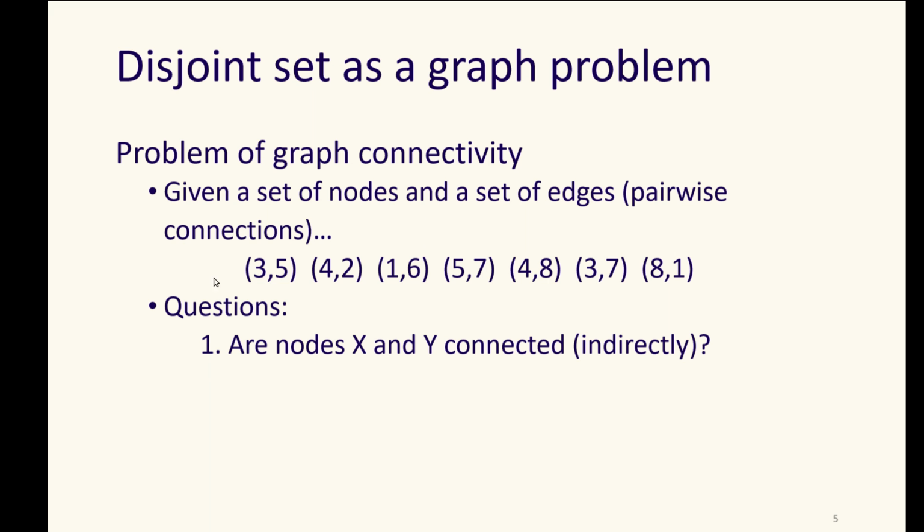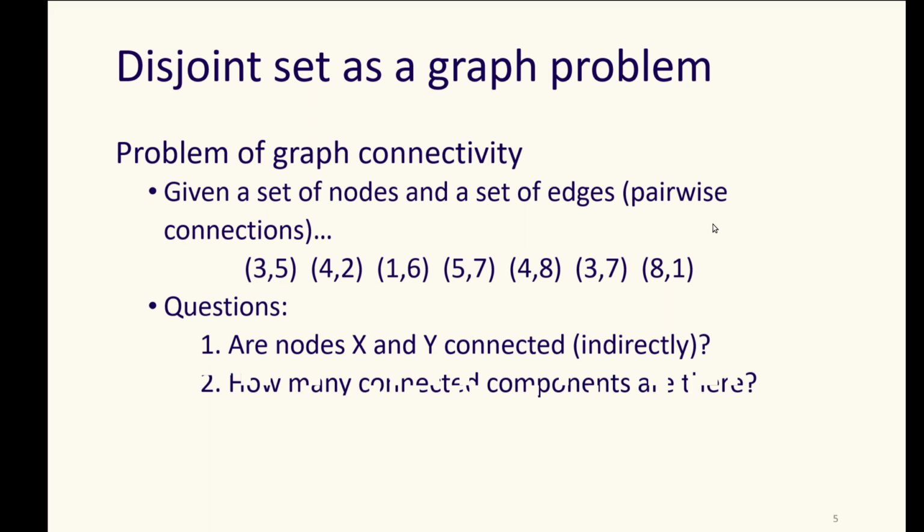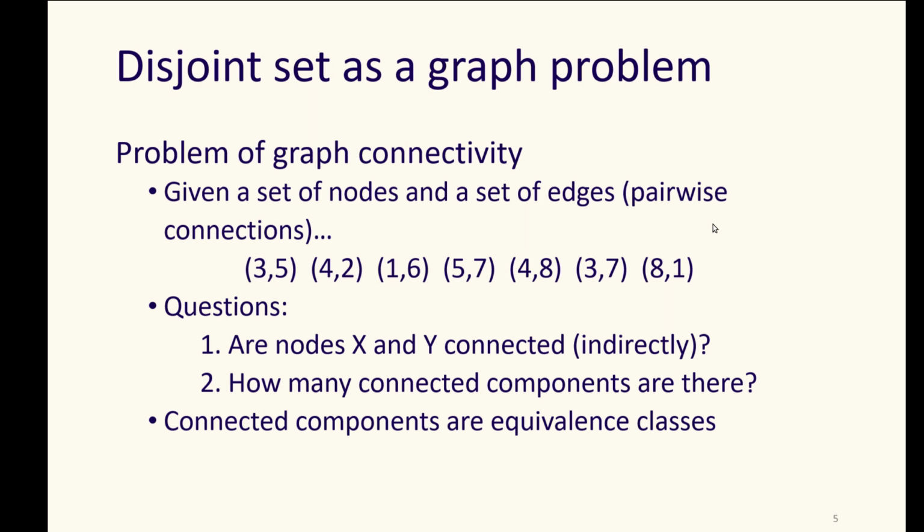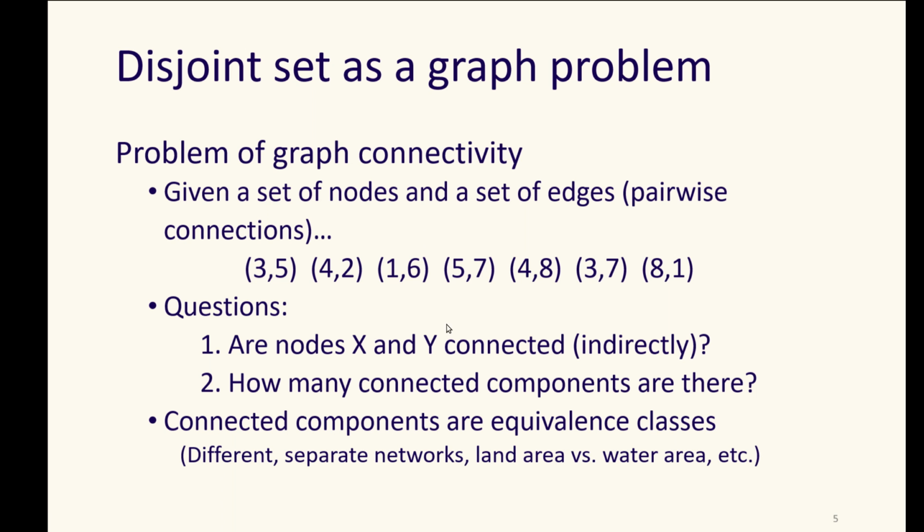And we could tell that kind of thing based on the edges in that graph. And how many connected components are there in that graph? Is everyone connected to everyone else, or are there disjoint pieces of that graph that don't actually connect to each other? And the connected components in this can be viewed as equivalence classes, like those separate networks, separated land areas, and so on.